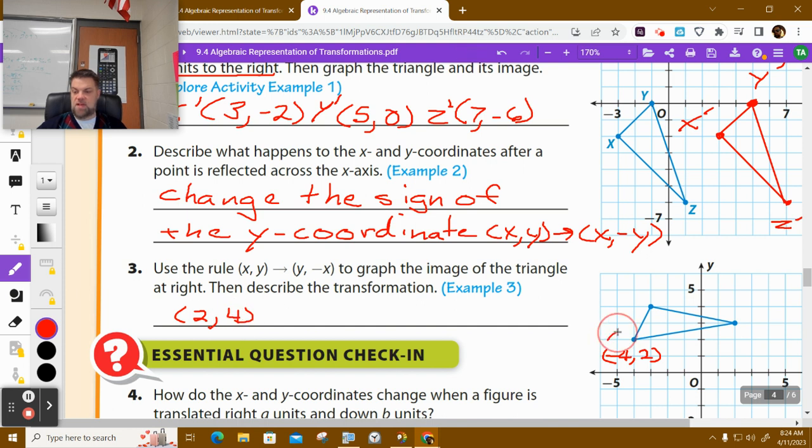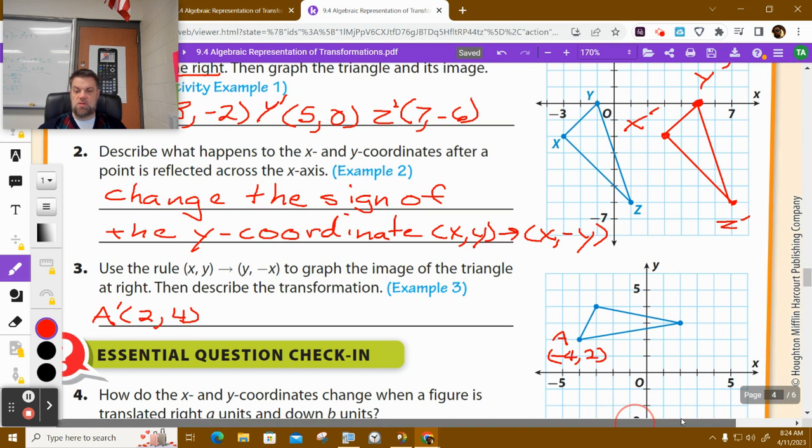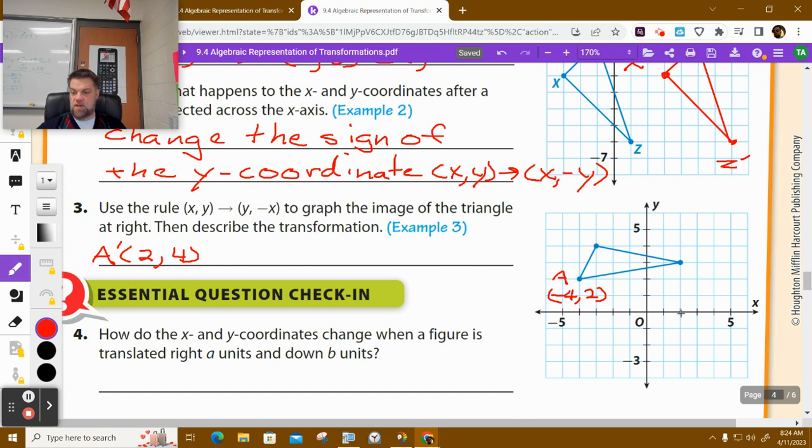And we could label this. I'll just call this A, and we'll call this A prime. So A prime is going to occur at 2 comma 4. So I'm going to go over here, 1, 2, and then go up 4, and that's my A prime. We'll call this point B. That point is negative 3 comma 4.